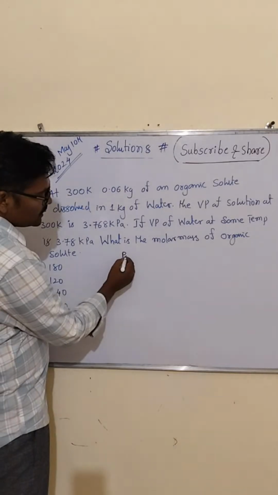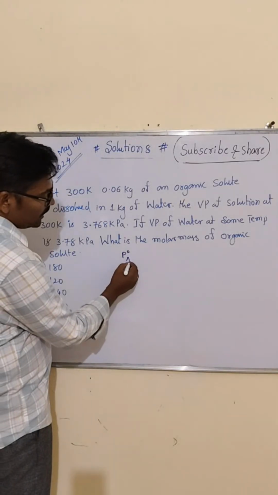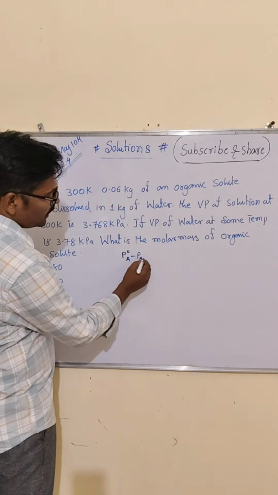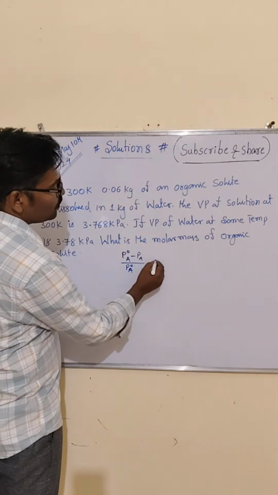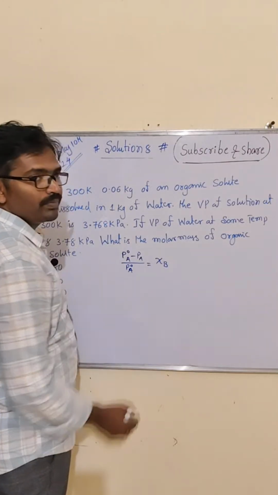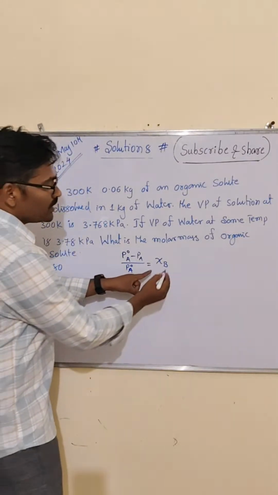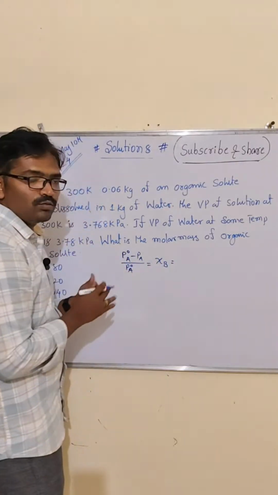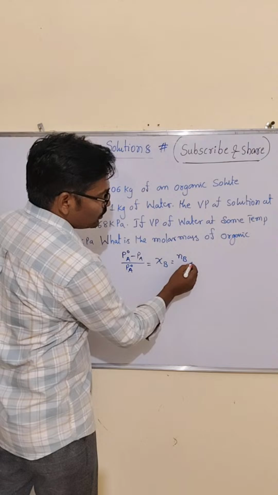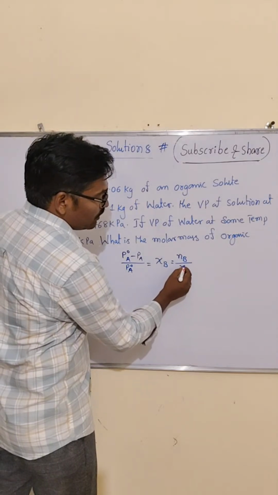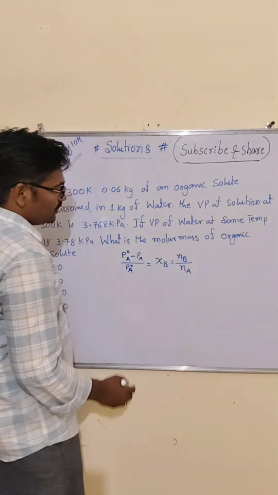That is, P naught A minus PA divided by P naught A equals the mole fraction of solute, which is the number of moles of solute divided by the number of moles of solvent.